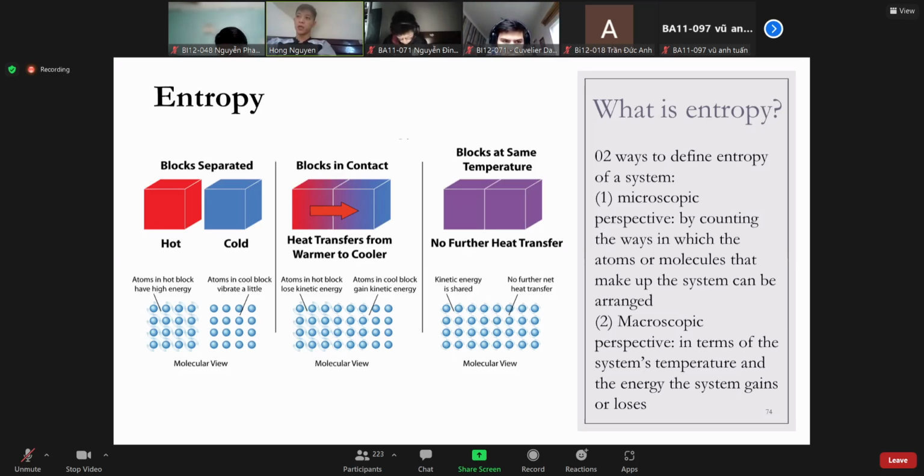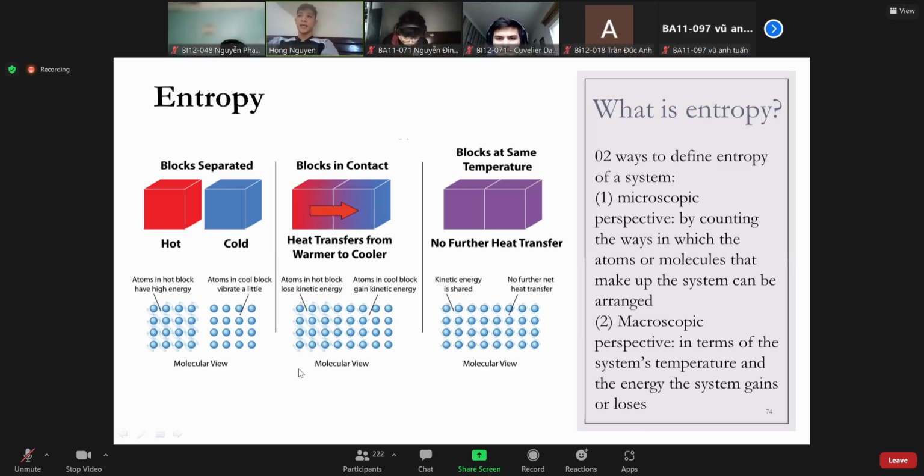So this is the way where we will count the ways in which the atoms or molecules that make up the system can be arranged. So this is one way we define the entropy of our system.